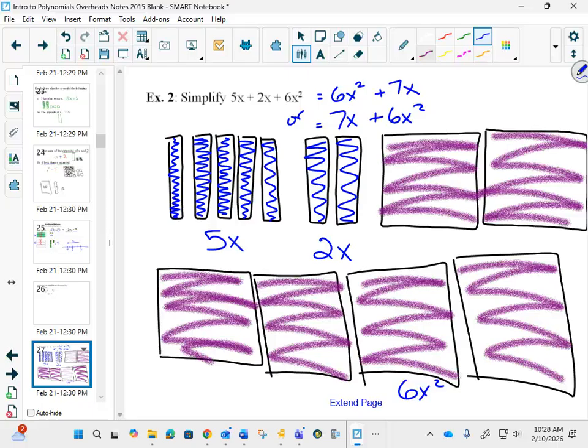Mathematically, mathematicians prefer if we have the bigger degree first. So the x squared has an exponent of 2, which means it has a degree of 2. The x has an exponent of 1 if you put on your math goggles. And so it would have a degree of 1. Mathematicians like it if you start with your biggest degree and go down to your smallest degree.